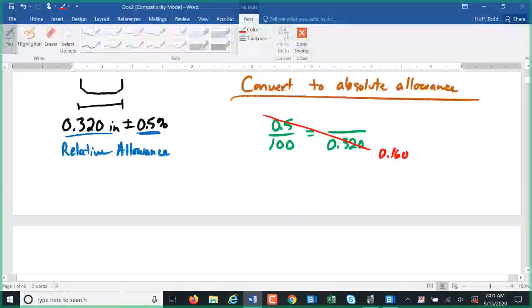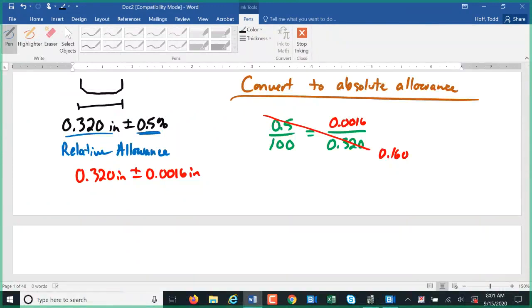Divided by 100 is 0.0016. So the absolute allowance there is 0.320 inches plus or minus 0.0016 inches. I'm going to trust that you guys can make that conversion from one to the other.